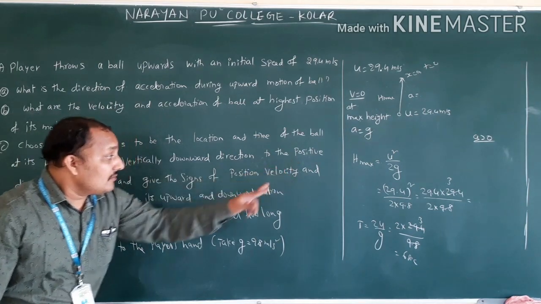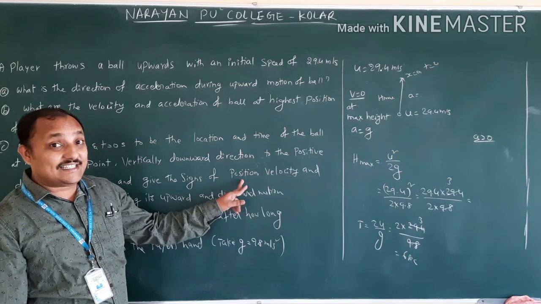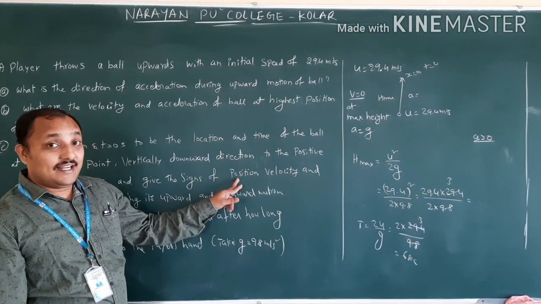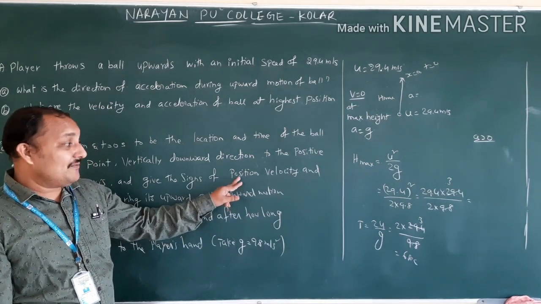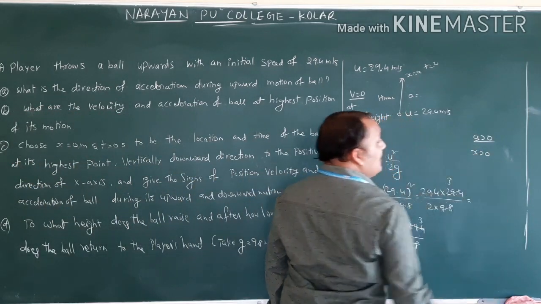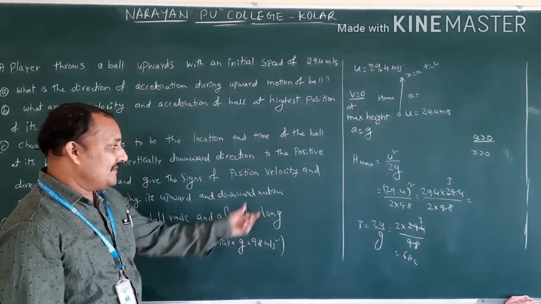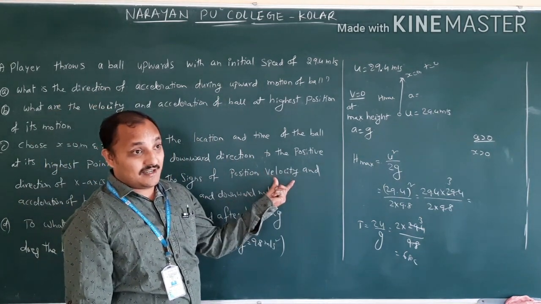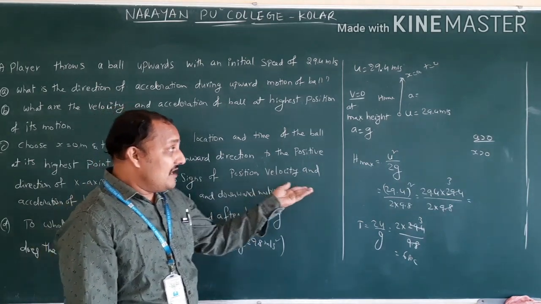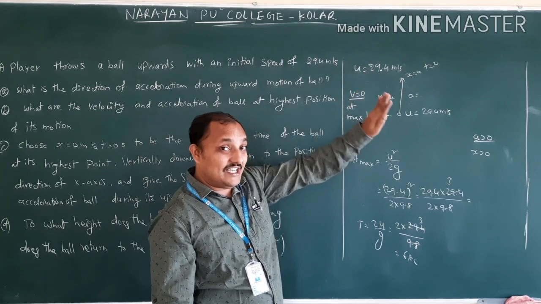Next, position, velocity. So position means that is called distance. Position, distance, both will be almost same. Therefore, distance won't be negative. Therefore, position always that is also greater than 0. Greater than 0 means that is positive value, meaning of that one. Velocity. Velocity means very important one. Whenever object is going upwards, velocity will decrease or increase.